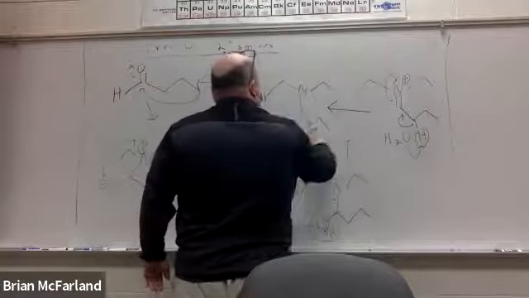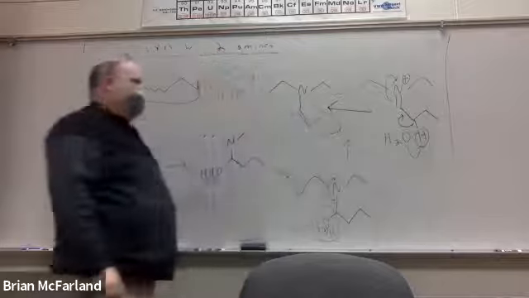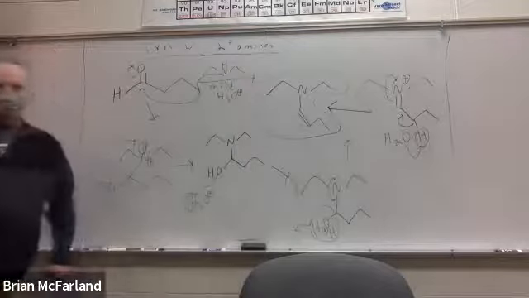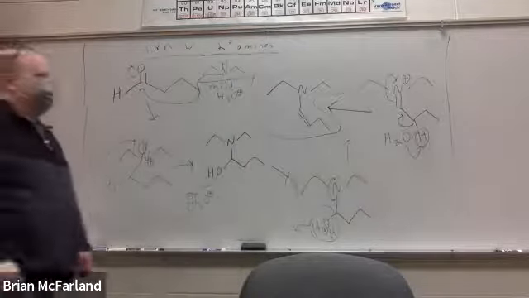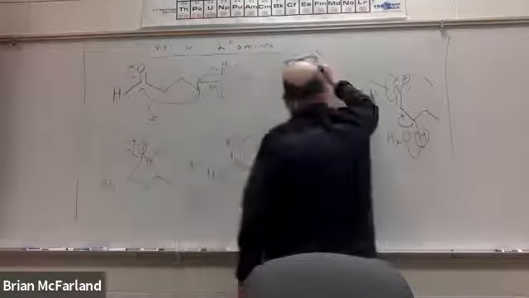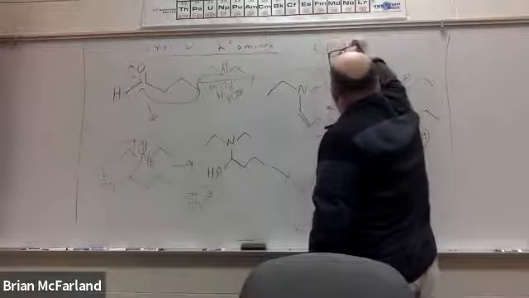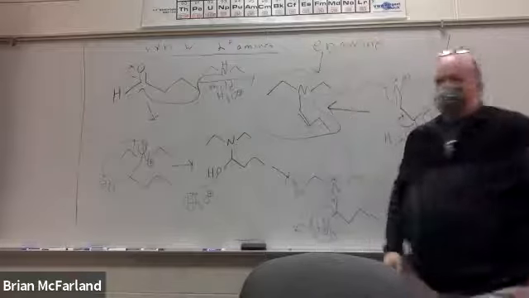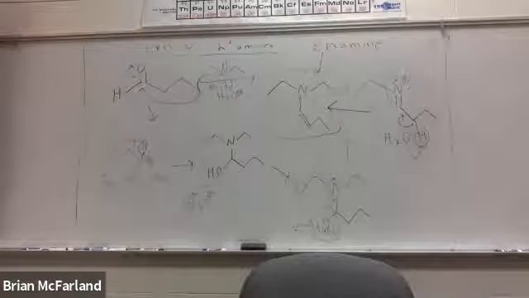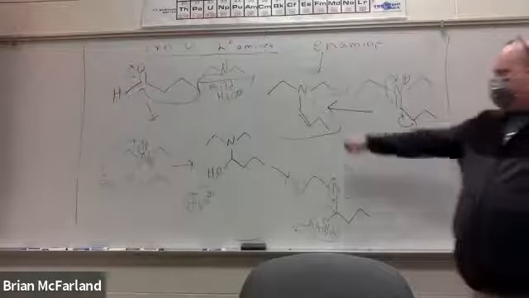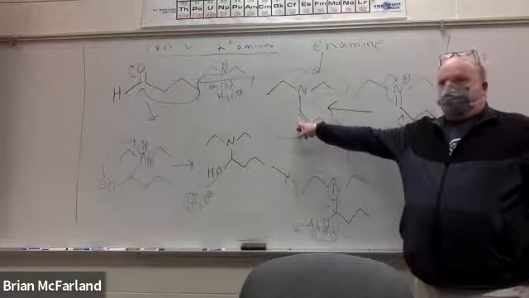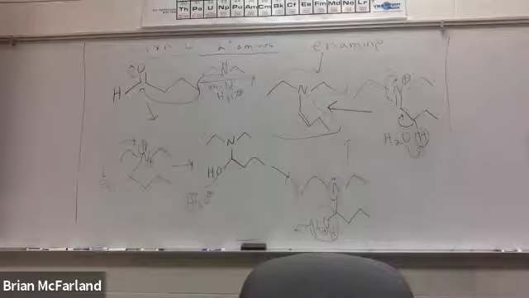And it makes that. That is your final product. This is called an enamine. And, you know, I guess that kind of makes sense, right? It's part alkene and part amine, so enamine.